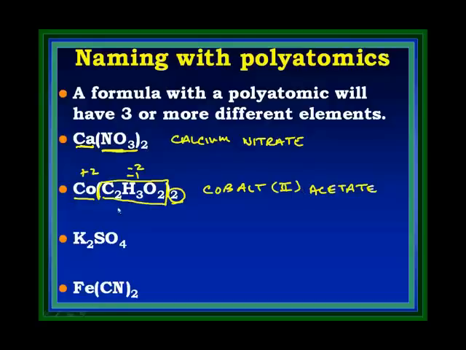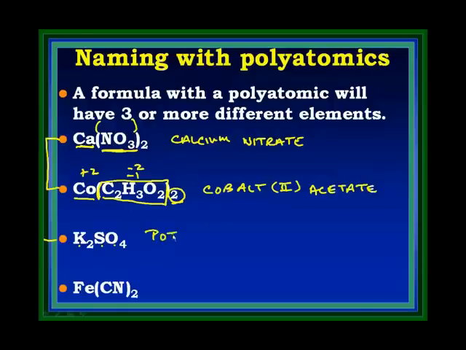You'll also notice in the first 2 examples that I have parentheses. That's also a tip-off that you've got a polyatomic ion. But here in the third example, you'll see I don't always have parentheses, K2SO4, but I do have 3 or more different elements. I have potassium, sulfur, and oxygen. So see if you can pick this out here.